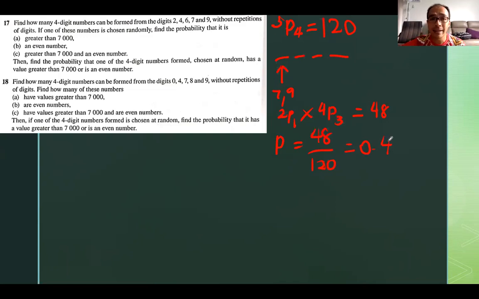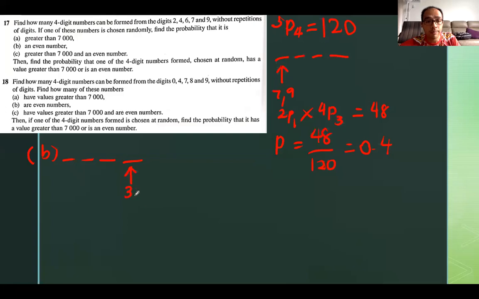So this is a classic example of using permutation and probability together. Question B, find the probability that it is an even number. Let's consider even number. Kalau kau ada 4 tempat kosong, because we only want to form 4-digit numbers, what numbers can go in at the back to make it an even number? It can only be 2, 4, or 6.